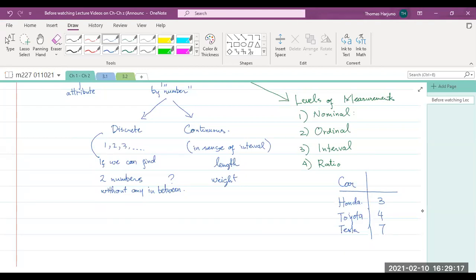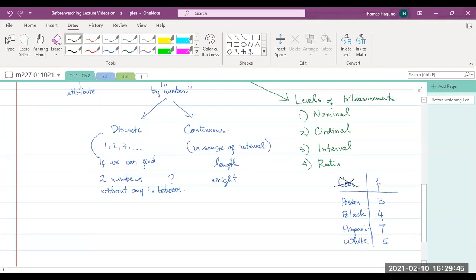Asian, Hispanic, white, black. Let's say there are 5 of us here, the frequency. So instead of car, I'm sorry, change this to heritage maybe. Now the variable of being Asian, black, Hispanic, white, we call that nominal because we cannot put them in order.